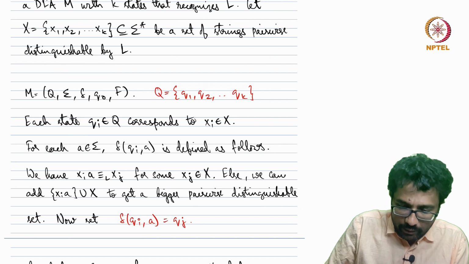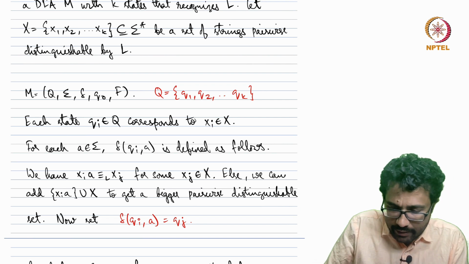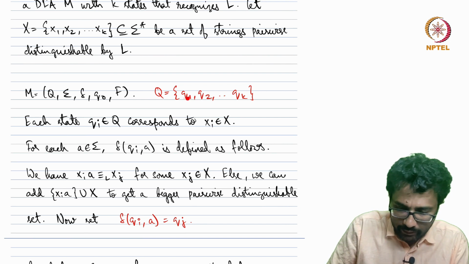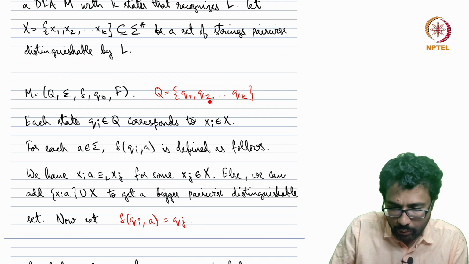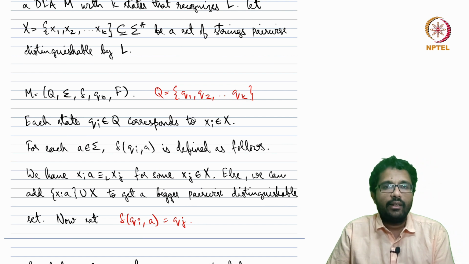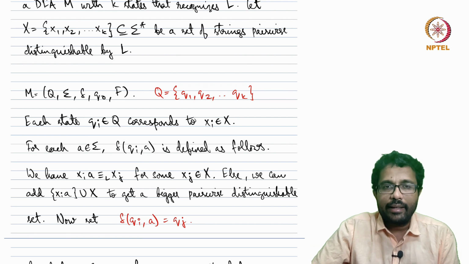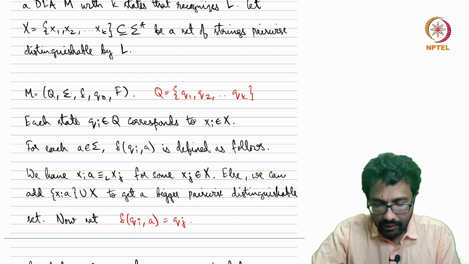Q1 will correspond to x1, Q2 will correspond to x2, and so on. Qk corresponds to xk. So each Qi corresponds to the respective xi. Let us see how in a moment.